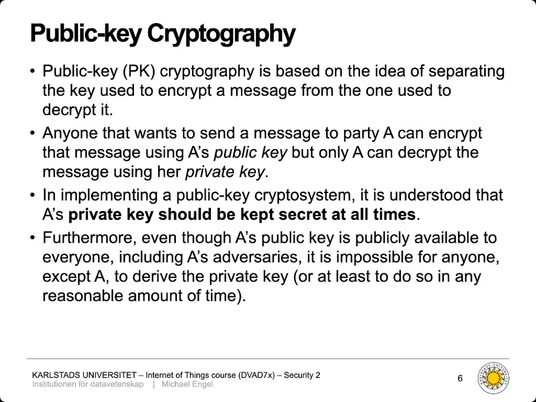So this takes mathematical approaches which are very complex to calculate in one direction and very simple to calculate in the other direction. So usually we rely upon computers being too slow to, for example, derive a private key from a public key in any reasonable amount of time. If you try long enough, you will manage, but maybe it will take 1,000 years. So even if you could decrypt the message, then it probably won't be very useful.